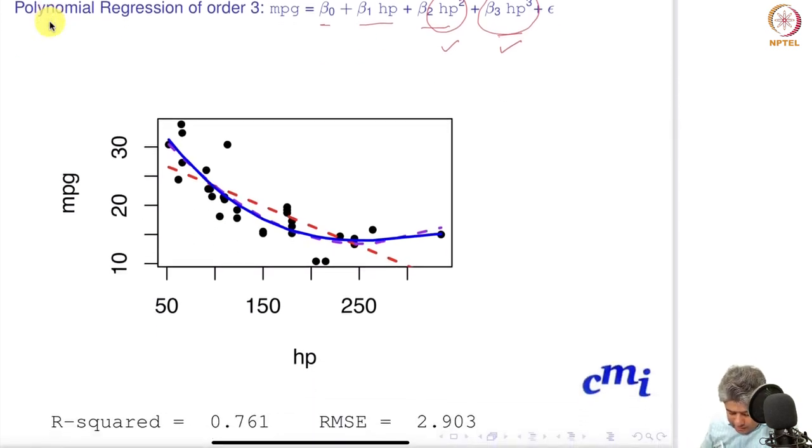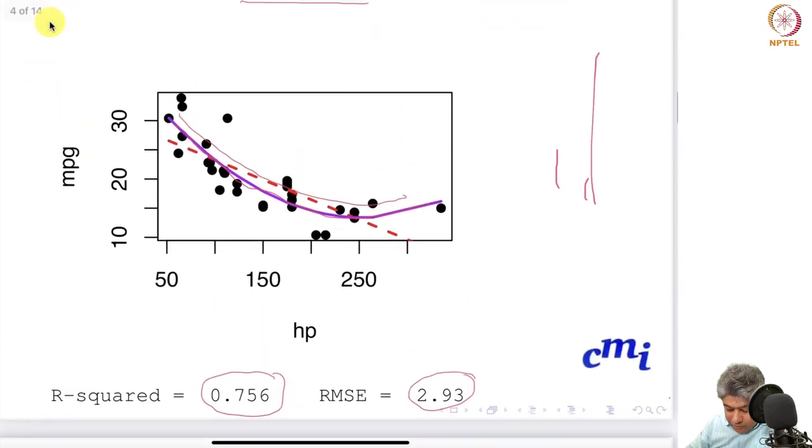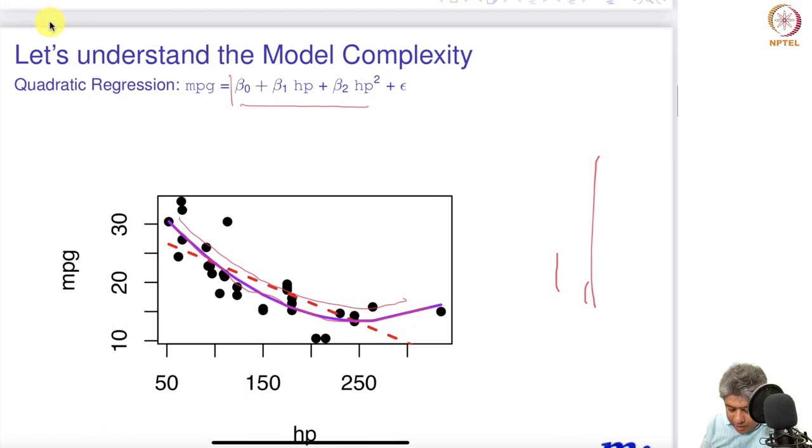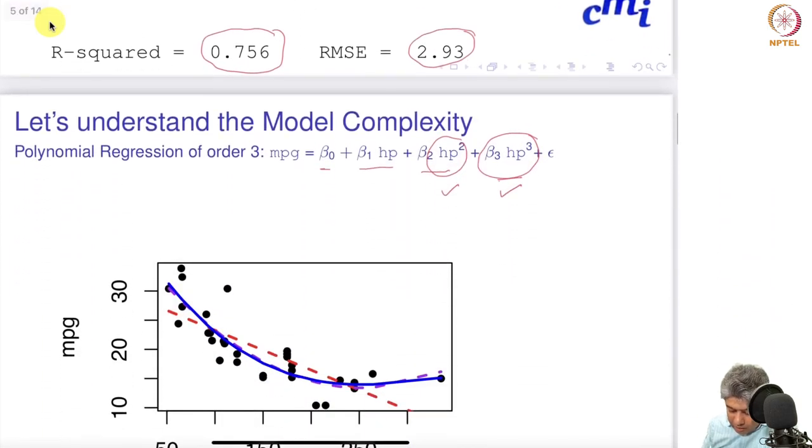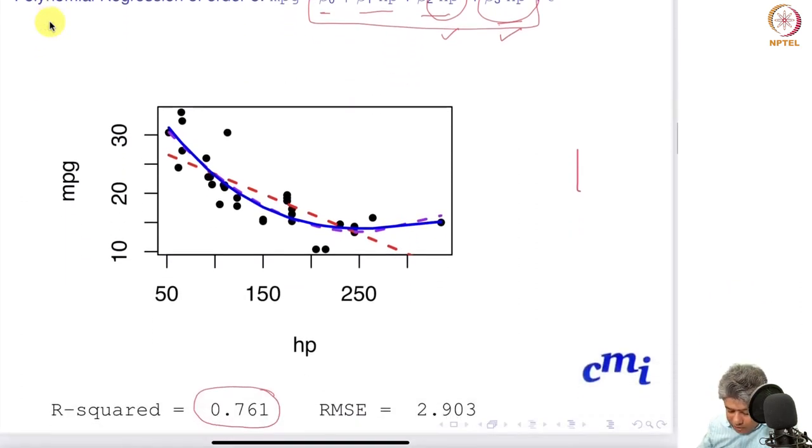As a result, we see R square is now 0.761, 76%. Previously it was 75% in 3 dimensions with the quadratic model. With the cubic polynomial of order 3, we have 76%, and RMSE is 2.903.